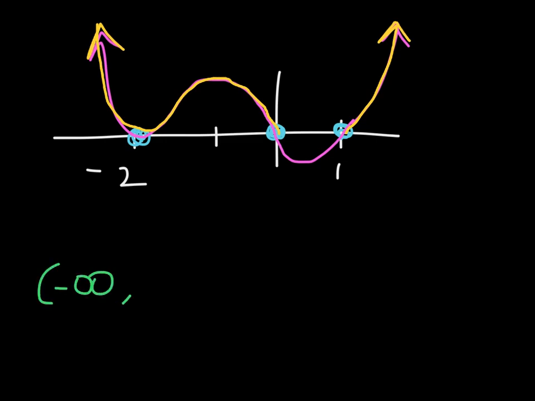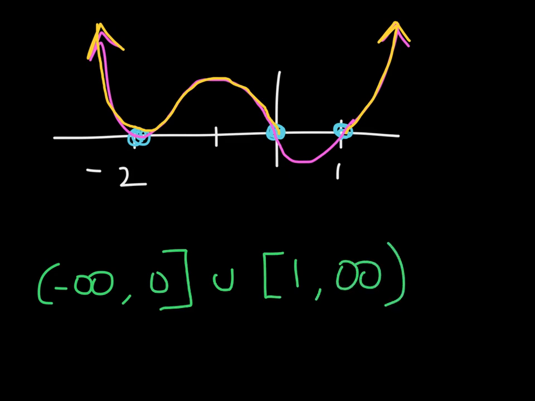Now, don't stop right here. Don't write -2. Keep going, there's no need to stop. Keep going, and then finally stop at 0. Put a bracket because the inequality was non-strict. Union, pick right back up at 1, and then go to the right forever. This is the final solution set.